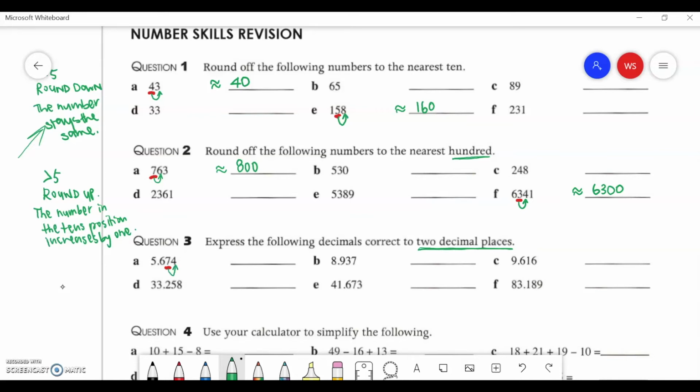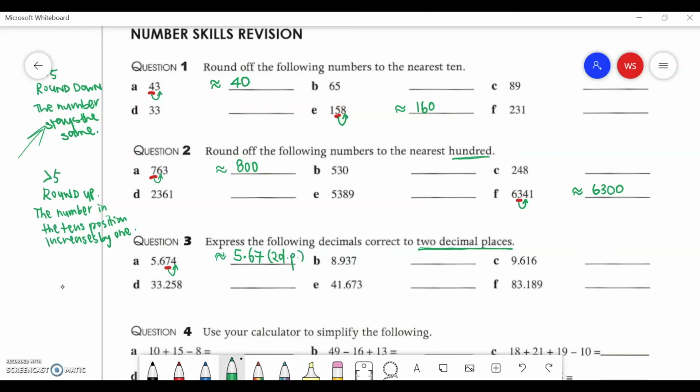Because it's less than 5, this means that our number stays the same. So with our answer, copying the previous few numbers down, 5.6 as what the question says, and with 7 that will remain the same. So the answer will be 5.67.